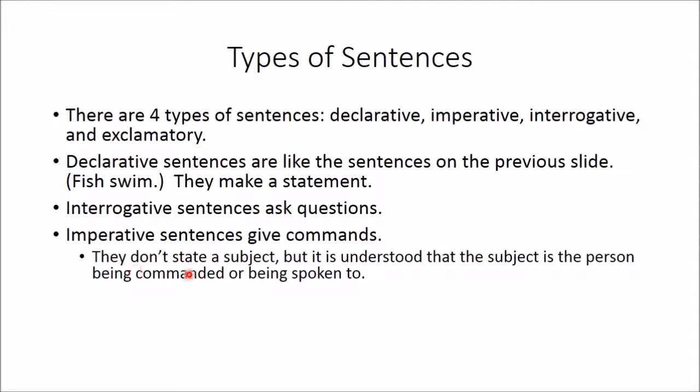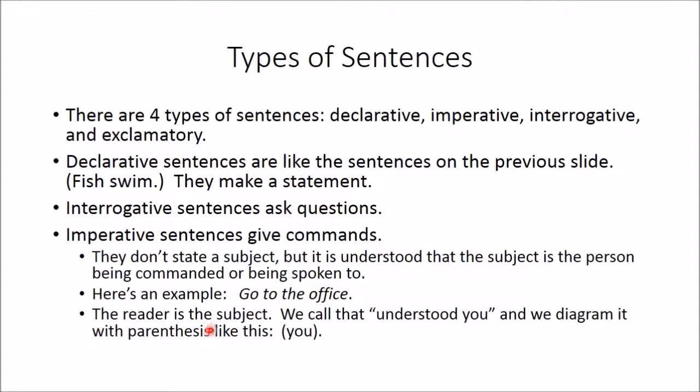The imperative sentences don't state a subject, but it's understood that the subject is the person being commanded or the person being spoken to. All right, so here's an example. Go to the office. When you read that, the reader is the subject, or you who is doing the reading, or you who is being spoken to. So the reader is the subject, and we call that understood you, and we diagram it with parentheses like this.